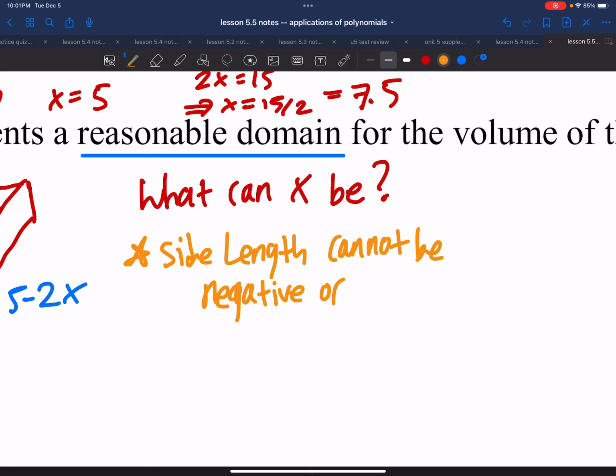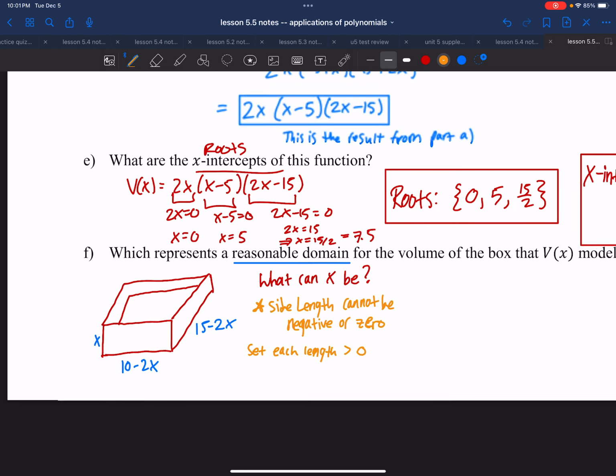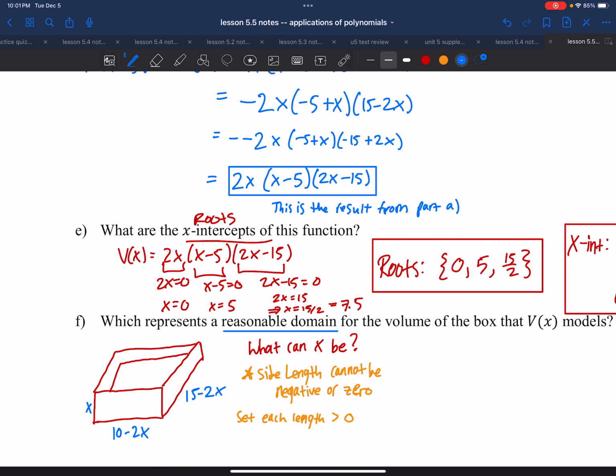The side length cannot be negative or 0. Is that right? So what you want to do is set each length greater than, not equal to, greater than 0. So just take each length. X must be greater than 0, right? 10 minus 2x must be greater than 0, and 15 minus 2x must be greater than 0.